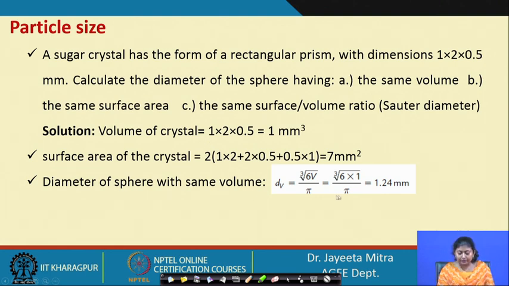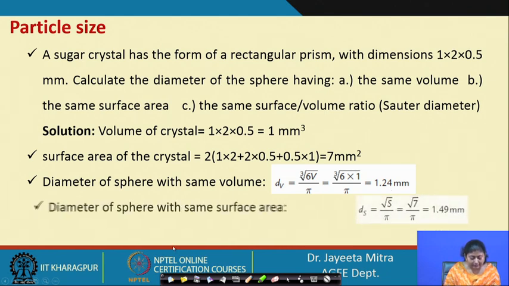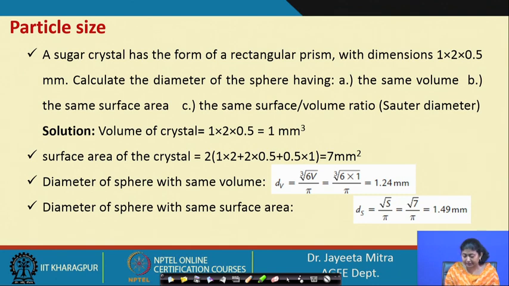So, we are getting 1.24 mm, the cube root of 6 x V by pi. Second is the diameter of a sphere with the same surface area. The surface area is 7 mm square, so pi d square. Here we can get 1.49 mm.